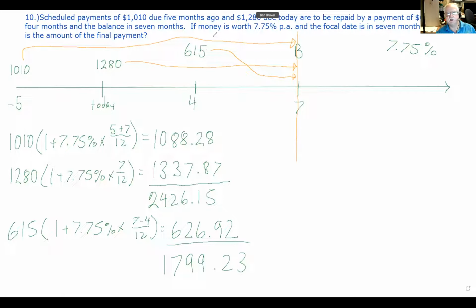So we only had to go another 3 months ahead when we're moving it through time to the focal date. Does that make sense? It didn't have to go 7 months. It just had to go an extra 3 months.